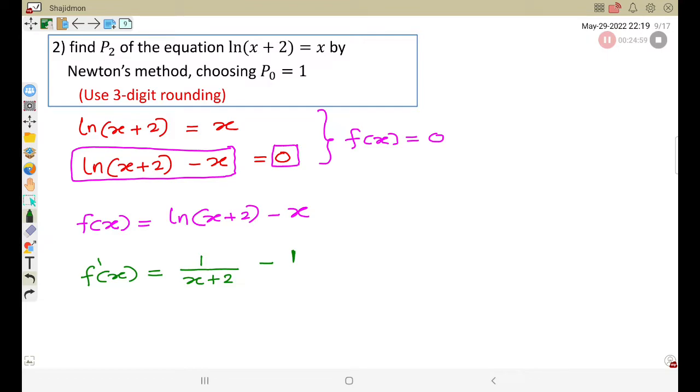Now P0 number is 1, correct? Now we need to go to P2, find P2, first find P1, then we are finding what is the P2 number. So we will go to that. So starting with the P0 number, P0 number is 1 here, correct?